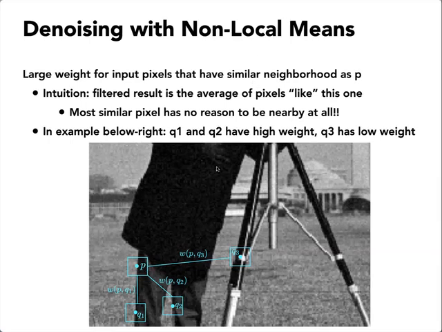That's what's meant by non-local: not only local to P, but everywhere in the image, and averaging based on similarity of the neighborhoods. So in this picture example, you can see that P has a neighborhood that looks like high intensity values on the left, low intensity values on the right-hand side. Qualitatively speaking, that looks kind of like the neighborhood at Q1 and Q2 as well.